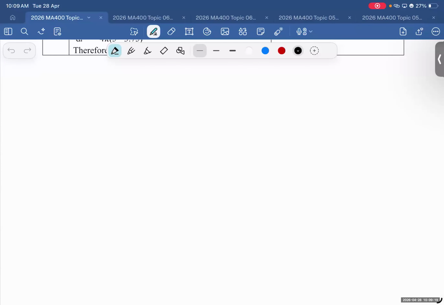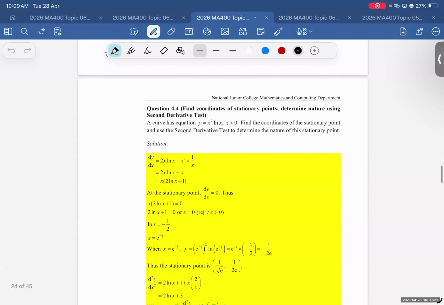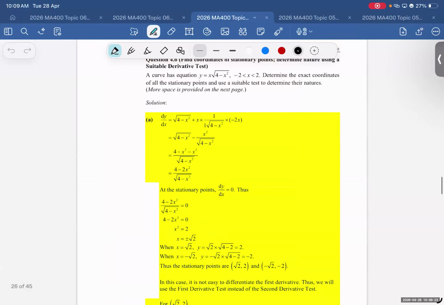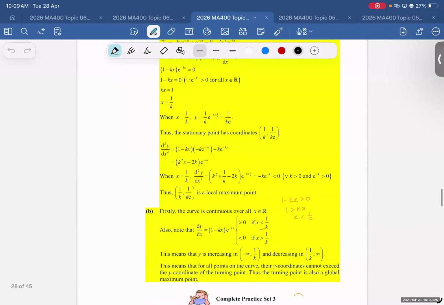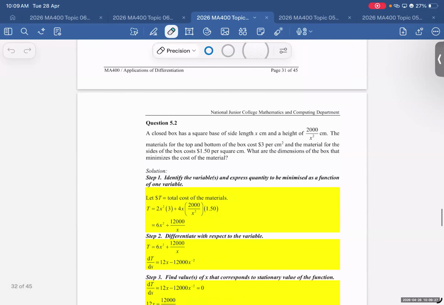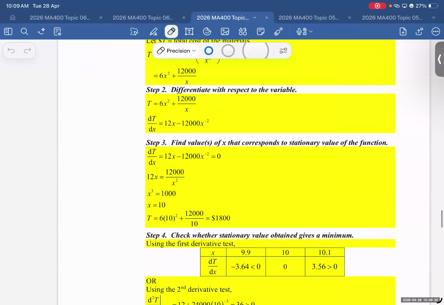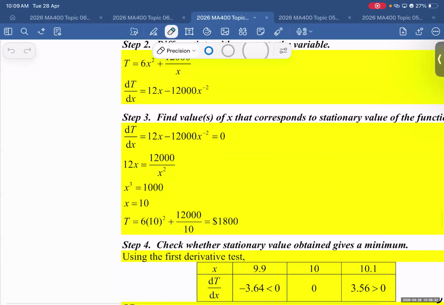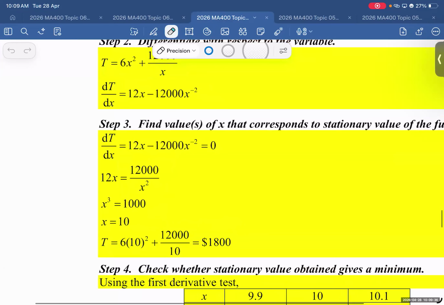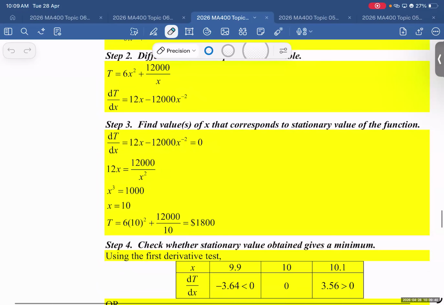You're so fast already. Don't be so fast, you're pressuring the rest. Do the practice set first. Bro. Hey, see properly. X is 10.